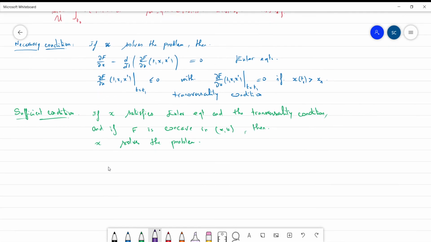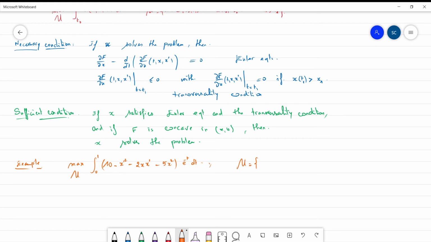Okay, so here it starts an example. The example we want to consider is the following. Solve the maximum of the integral from 0 to 1 of (10 minus x' squared minus 2x x' minus 5x squared) times an exponential of minus t dt, over U. What is U here?